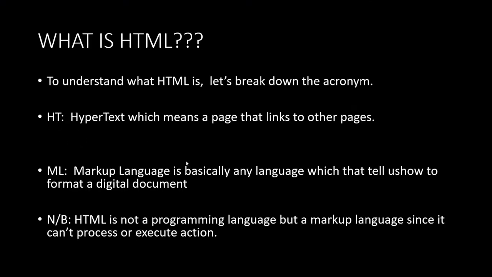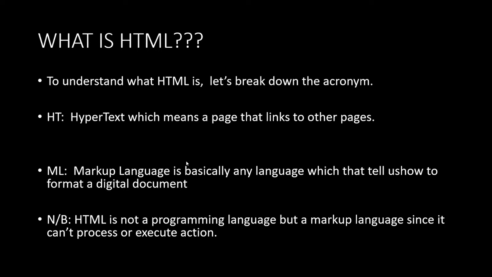So let's move on to what is HTML. Well, to understand what HTML is, let's break down the acronym into two parts: the HT and the ML. The HT stands for hypertext, which basically means a page that can link to other pages.